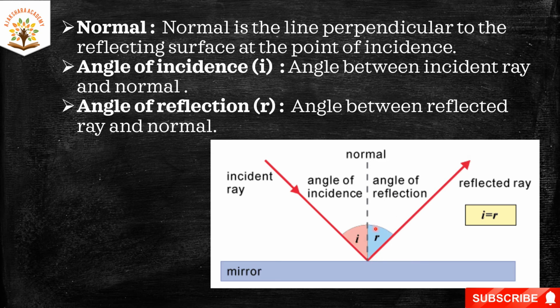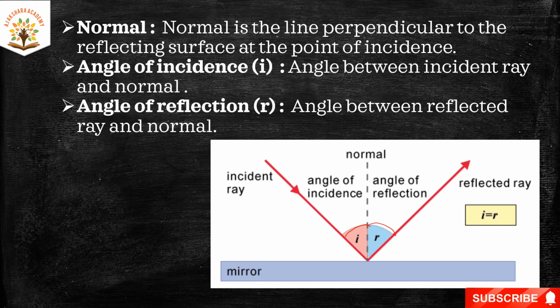The angle between the incident ray and normal is known as the angle of incidence, and the angle between the normal and reflected ray is known as the angle of reflection. This is the angle of reflection and this is the angle of incidence. Angle I is equal to angle R as per the laws of reflection. Angle I denotes the angle of incidence and angle R denotes the angle of reflection.